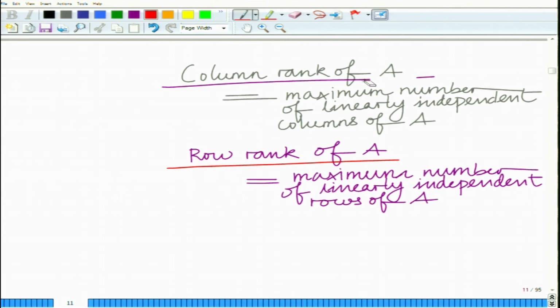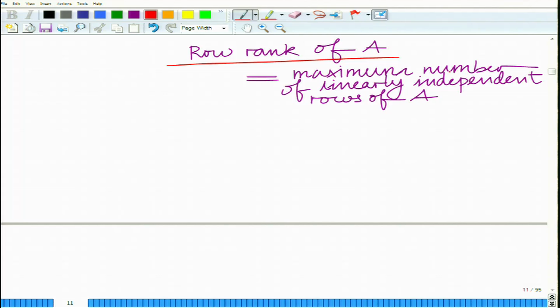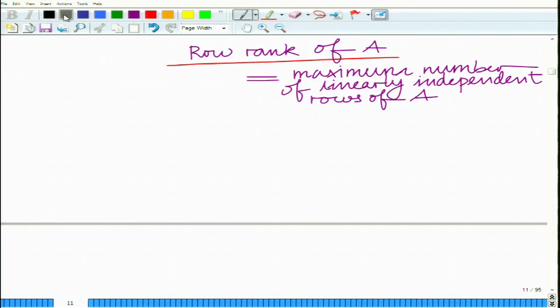So, you have this notion of row rank and the notion of column rank, and one of the fundamental results in linear algebra or matrix theory is that the row rank of any matrix equals the column rank, and this quantity is simply denoted by the rank of A. This fundamental result should be available in any standard textbook on linear algebra.